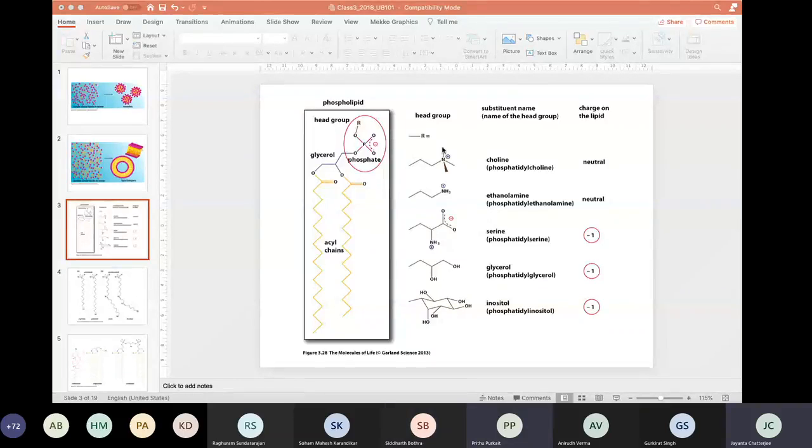I think G alpha q, one of those receptors. Not all GPCRs, there are so many GPCRs. That's why I was asking, because G protein is there in lots of different pathways. No, it's specific.